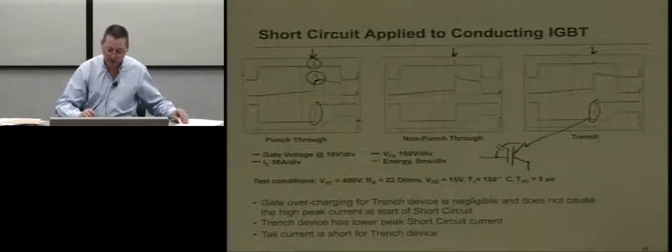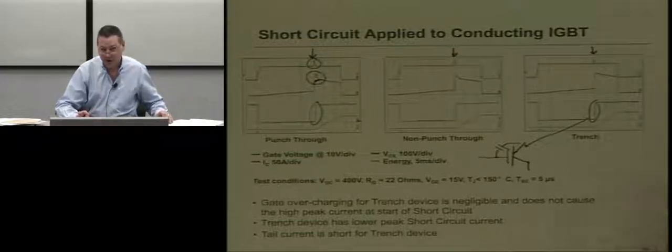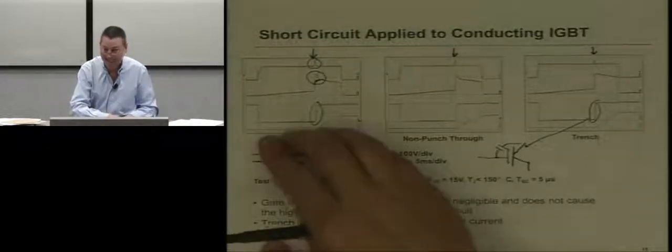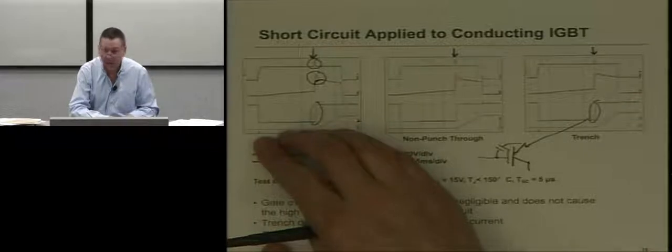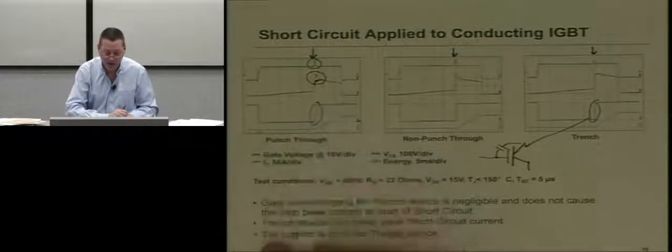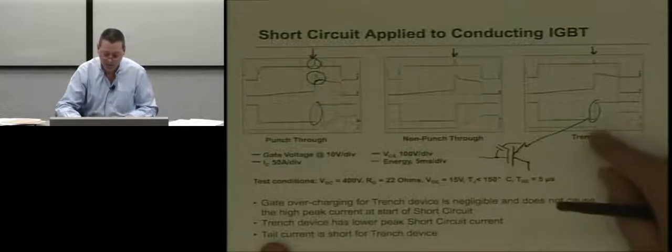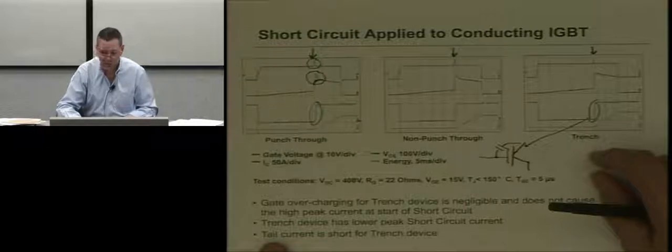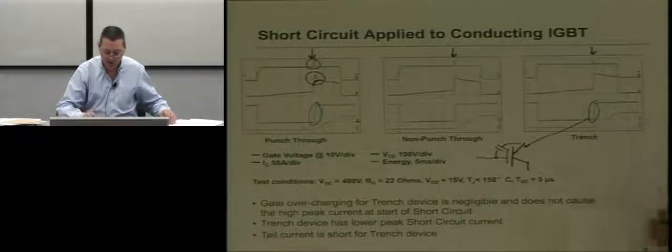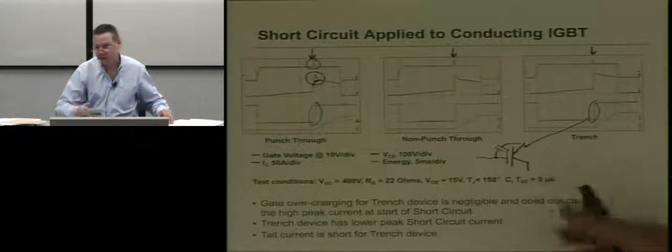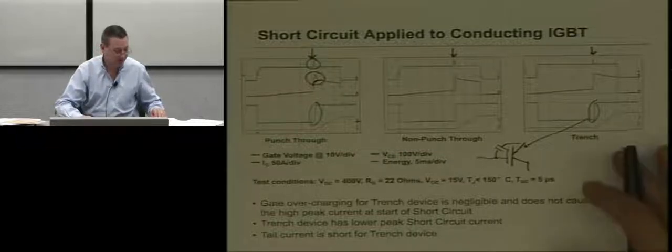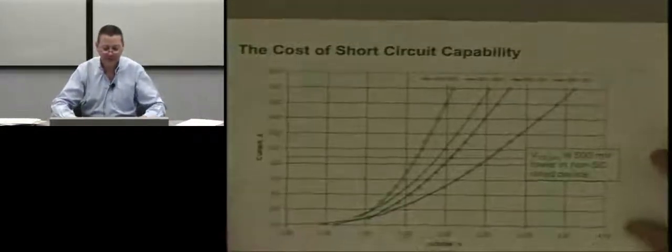The other thing is, in the olden days, 10 microseconds was barely enough time to detect a short circuit and be able to do something about it. Now, short circuit detection is more commonly in the 2 to 5 microsecond range, because faster ICs are able to detect and react more quickly.